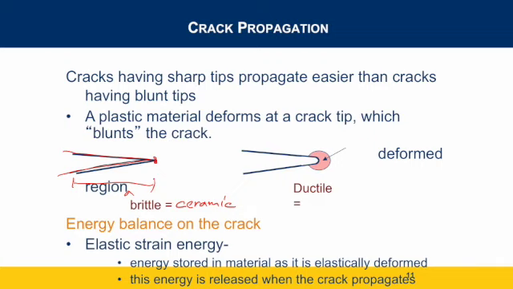In ductile materials, you can have the same A, a crack that forms, or a void, but the edges will start to blunt out. When the edges blunt out, my rho sub t gets larger, and I get a slight reduction in the localized stress. The larger rho sub t gets, the lower the localized stress. And we see this in metals, and especially in polymers.